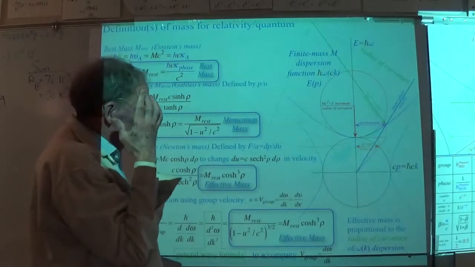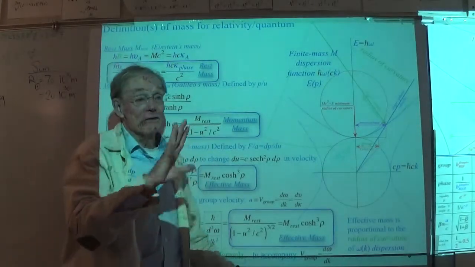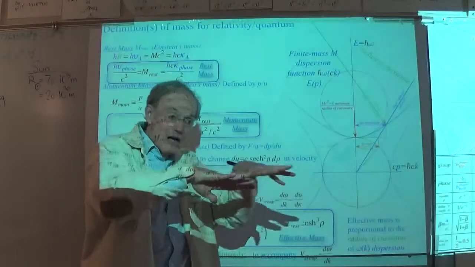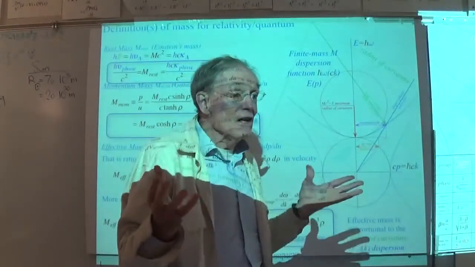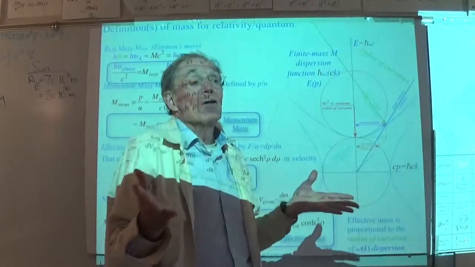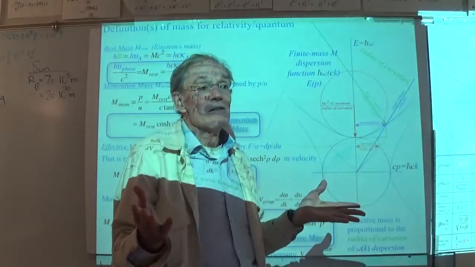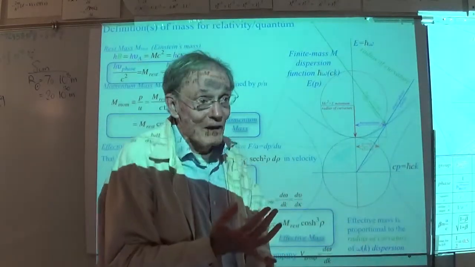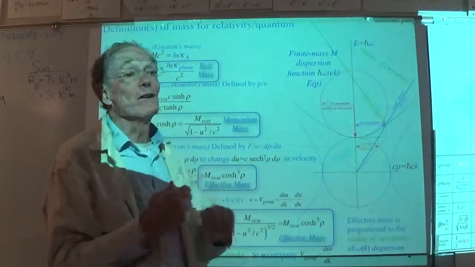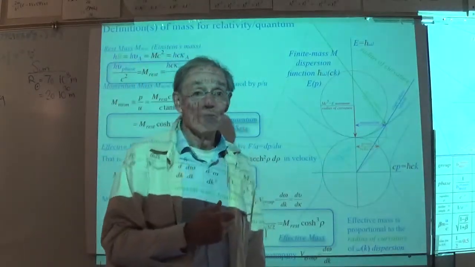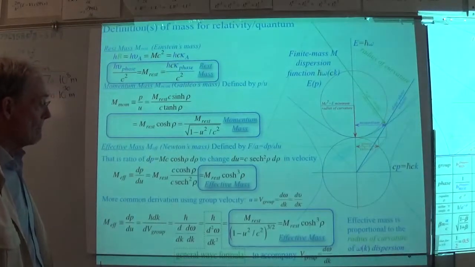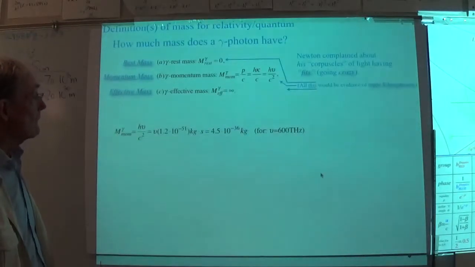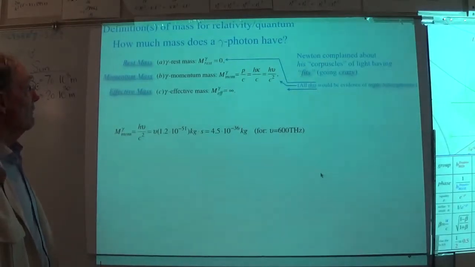A photon, by Einstein's axiom, has to toe the line, march in lockstep with all the other little photons at c. You just can't change it. That's infinite effective mass. So a photon has zero rest mass, but it has infinite effective mass. This is an example of that.